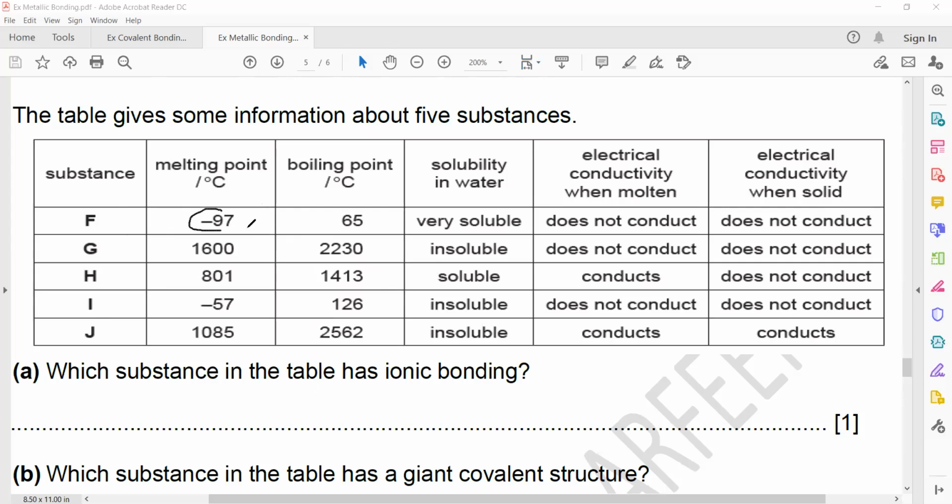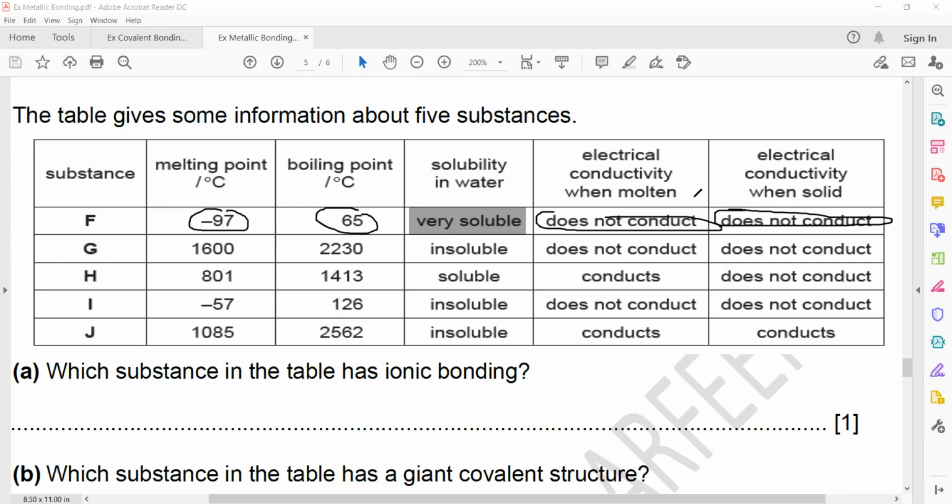F has a low melting point and low boiling point. It is soluble in water, because some of the compounds dissolve in water even though they are covalent, but it does not conduct electricity in molten form or in the solid state.